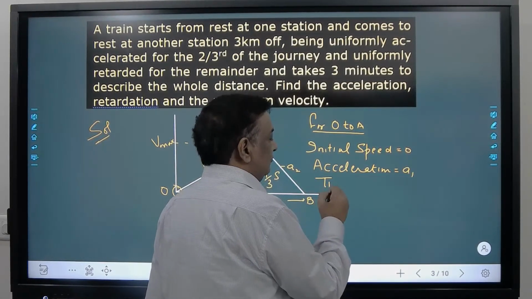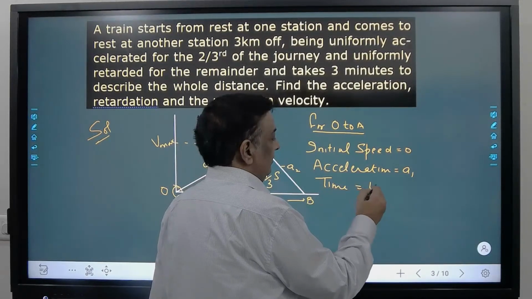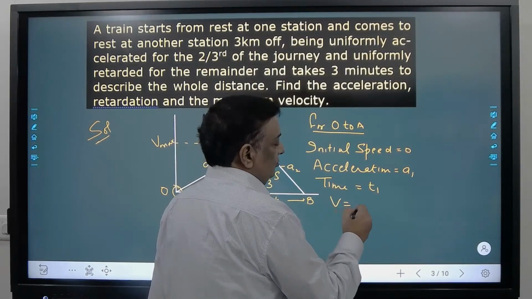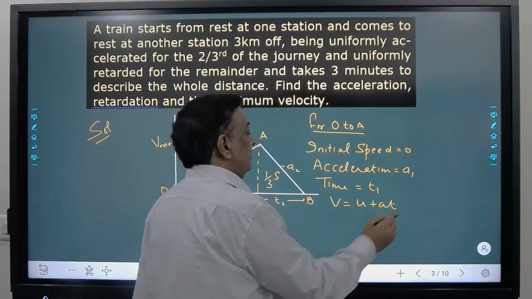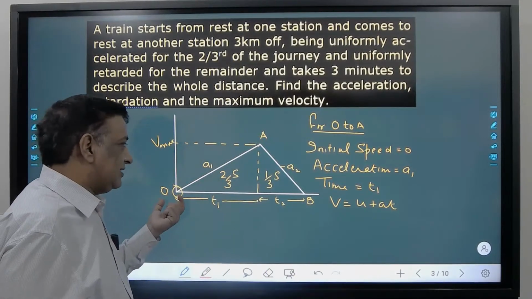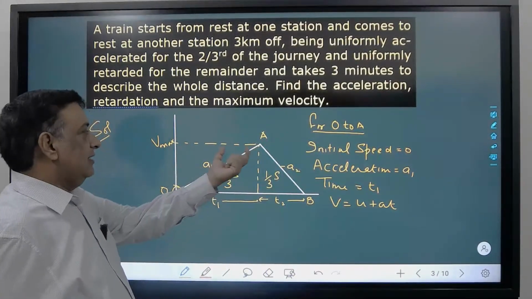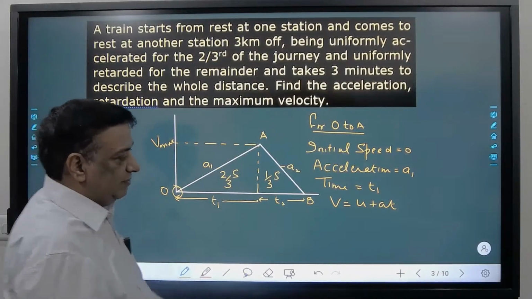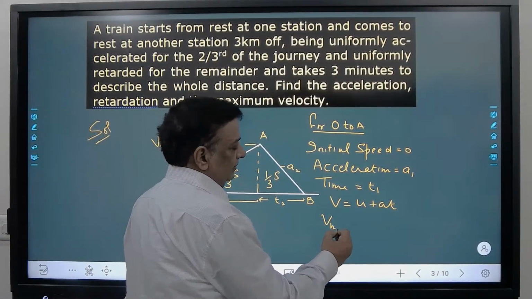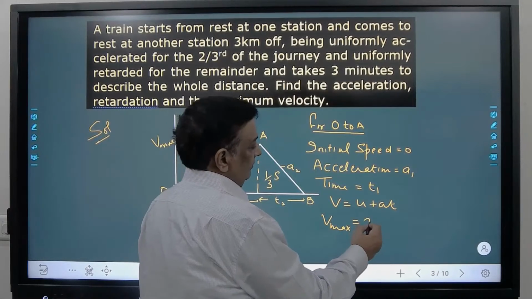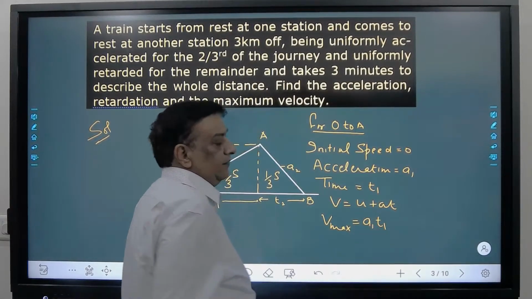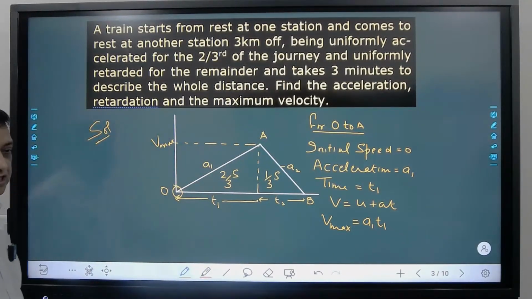It accelerates for time T1. So V is equals to U plus AT. If we are taking it started from rest, accelerates at a rate A1 and acquires a certain velocity Vmax, so Vmax will be A1 T1, with U equal to 0.